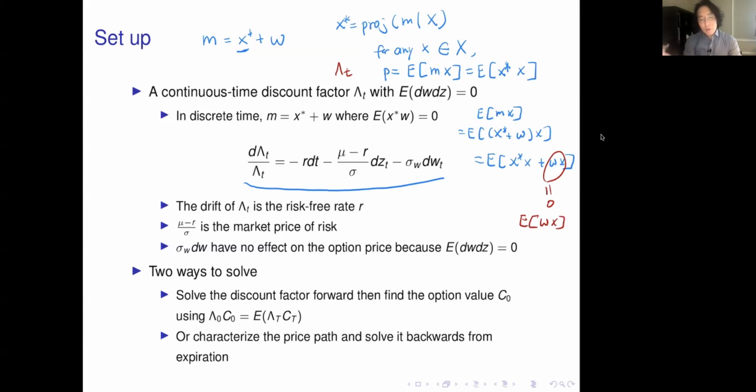So basically, when you have a stochastic discount factor, by projecting onto the payoff space, you can get the same pricing information as the original stochastic discount factor.